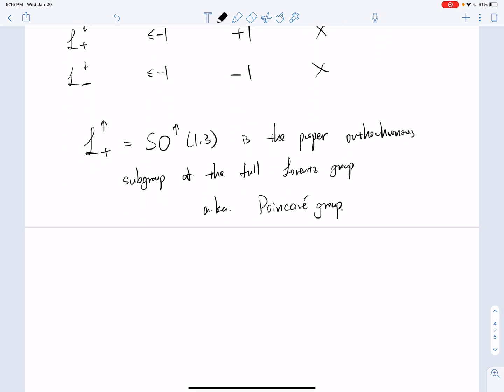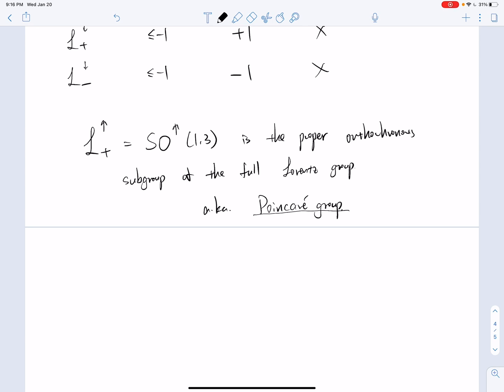And now, because it's extremely important, and most of the interesting physics happens in this group, it is often referred to as the Lorentz group. So this Poincare group is often referred to by professional physicists as the Lorentz group. But in this video, to avoid confusion, I will try my best to call it the Poincare group from now on.